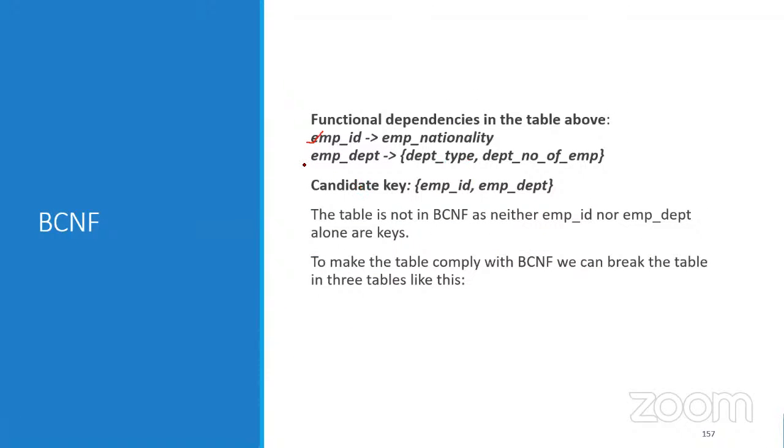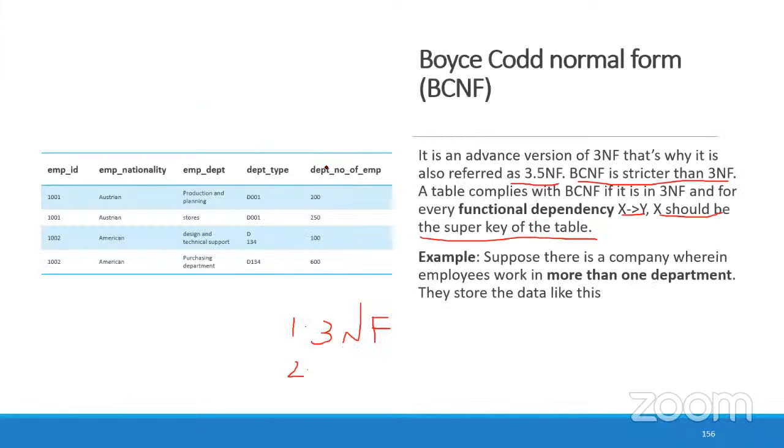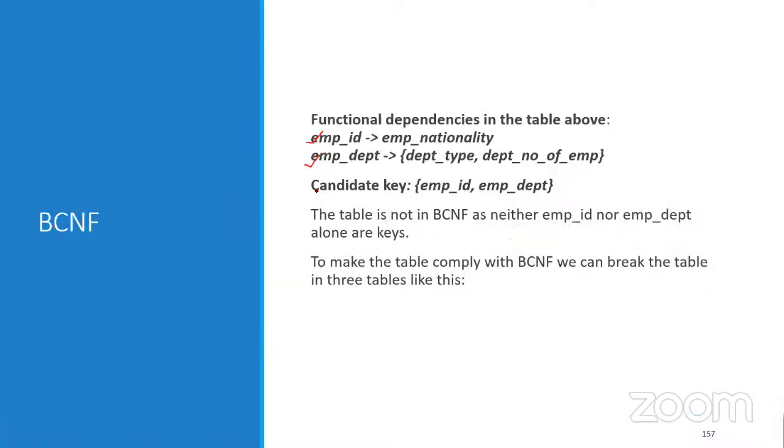Employee department. Department is also unique to each and every person, and using this ID we can retrieve the department type and number of employees in each department. We are using two candidate keys here, employee ID and employee department. So in this table we have two candidate keys.